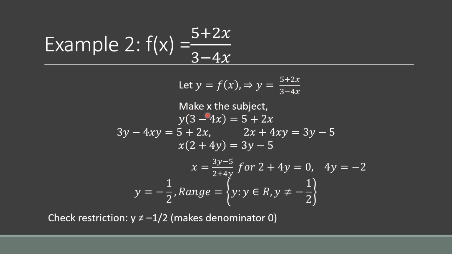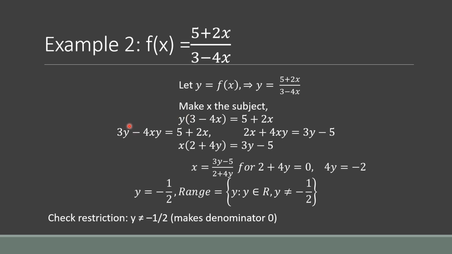The next step is to make x the subject of this particular formula or relation. Making x the subject means that y is over 1 already. So we are going to use cross multiplication, where y multiplies this denominator and 5 plus 2x multiplies the denominator 1, and it will be in this form. The next thing is to open the bracket.